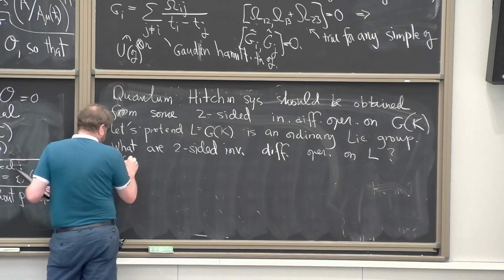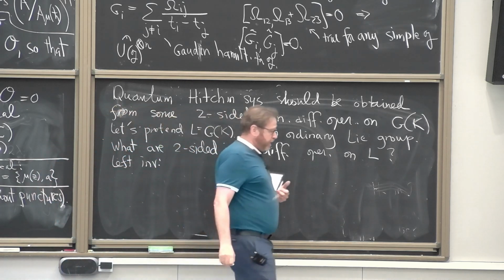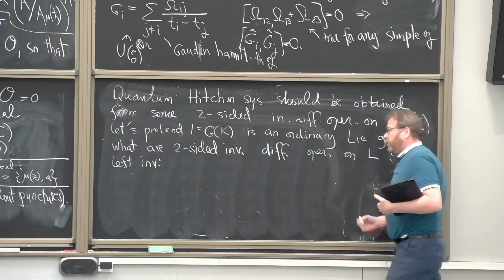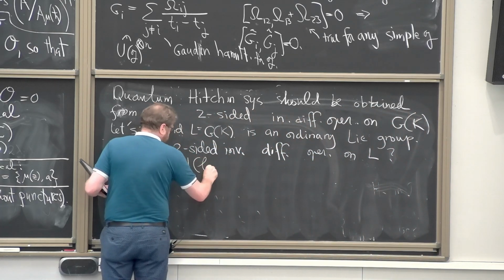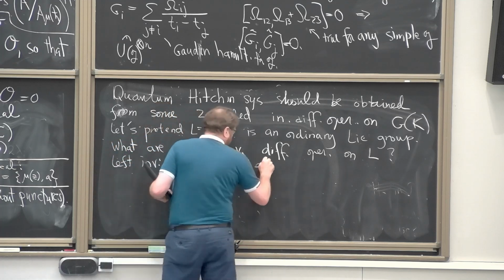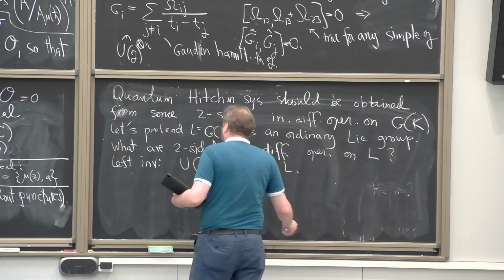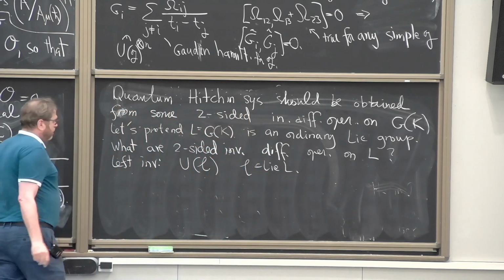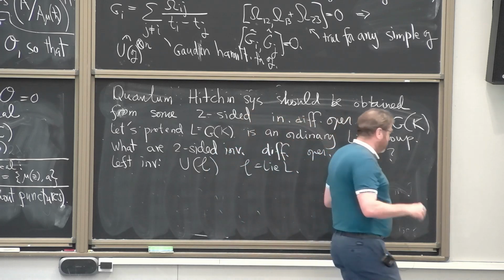Well, so what are left invariant? So left invariant differential operators on the Lie group are well known to be identified with the enveloping algebra of the Lie algebra of L. So now right action of G, when we do this, corresponds to the adjoint action on this enveloping algebra.